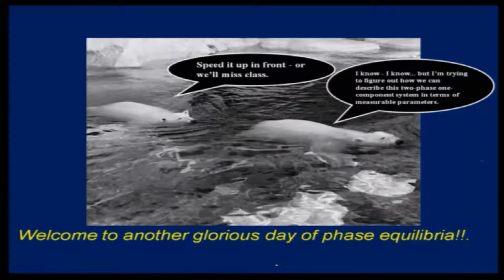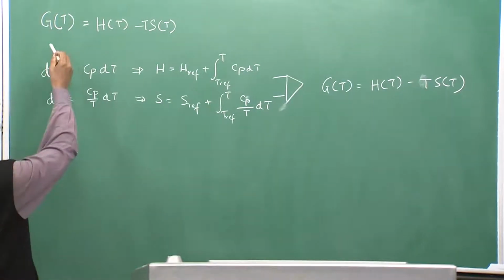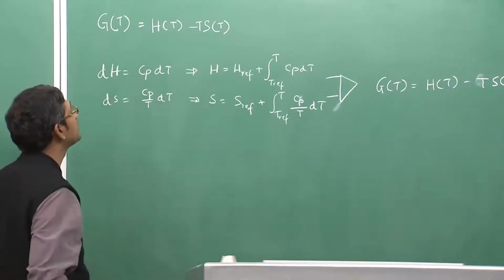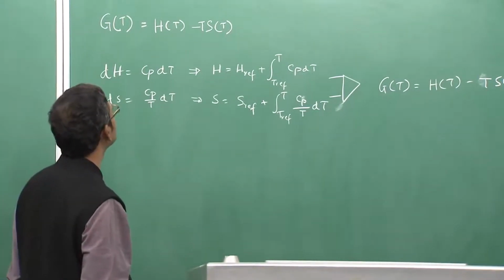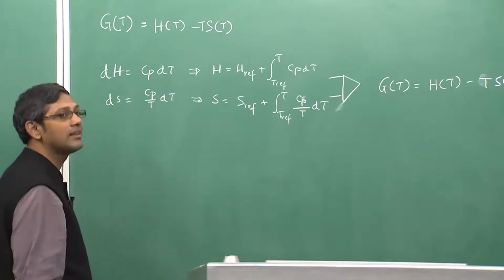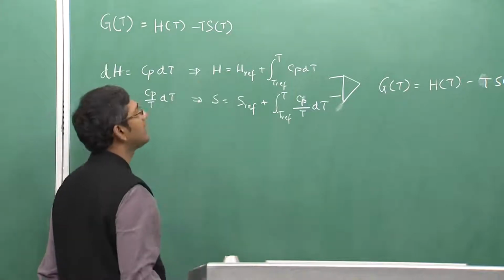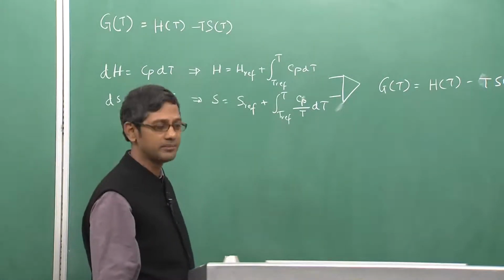To do that, we have to first get back to the free energy expression, the expression I have written at the top. The free energy here is the Gibbs free energy, and Gibbs free energy is defined as G(T) = H(T) - T S(T), where H is the enthalpy or the heat content, and S is the entropy of the system.